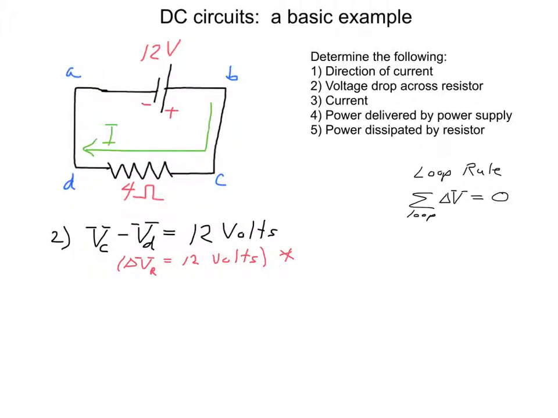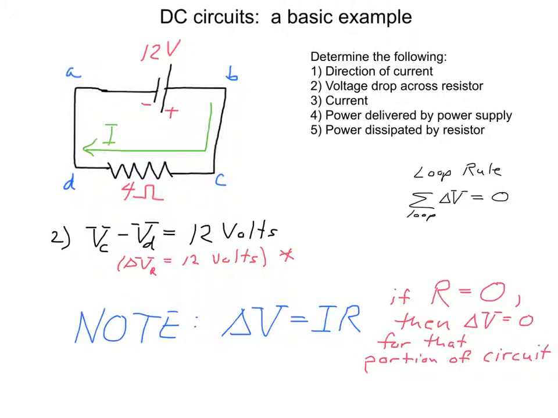Now there's another way to reason this that's essentially equivalent to the loop rule. This has no resistance in it, so B and C are at the same potential. And there's no resistance here, so A and D are at the same potential.